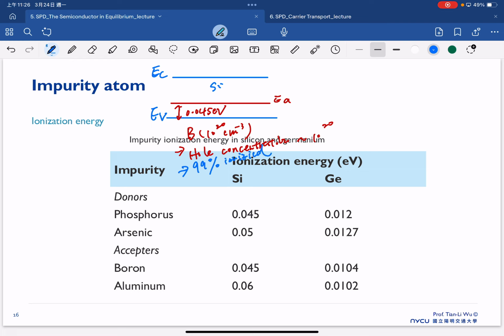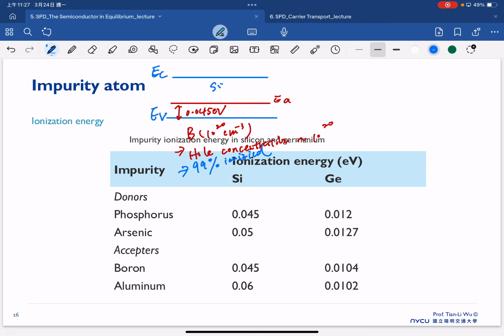So this means that whatever you dope, you have to first understand that when you dope boron, phosphorus, or arsenic, in the beginning they are not electrons, but they will become electrons once they jump to the conduction band. So the doping concentration is not equal to the carrier concentration.